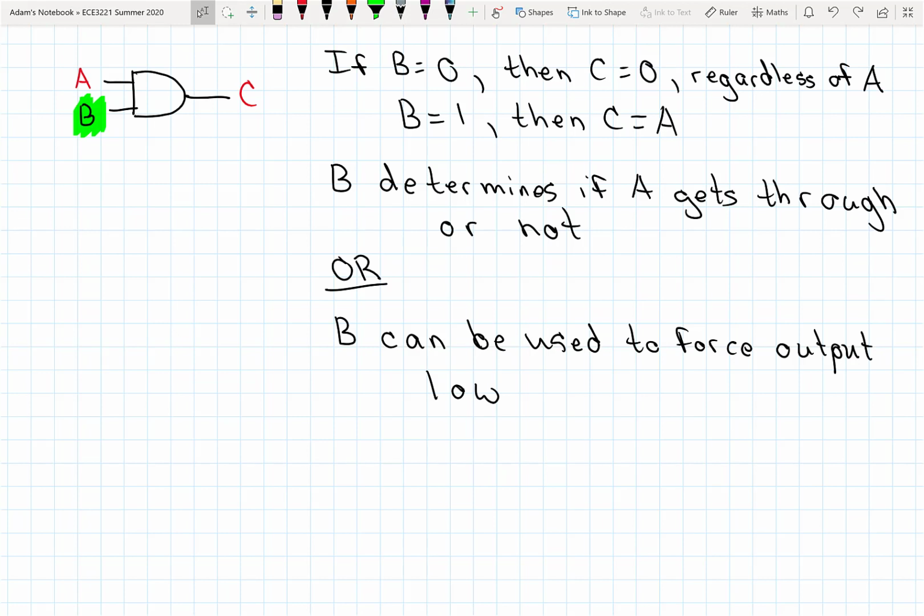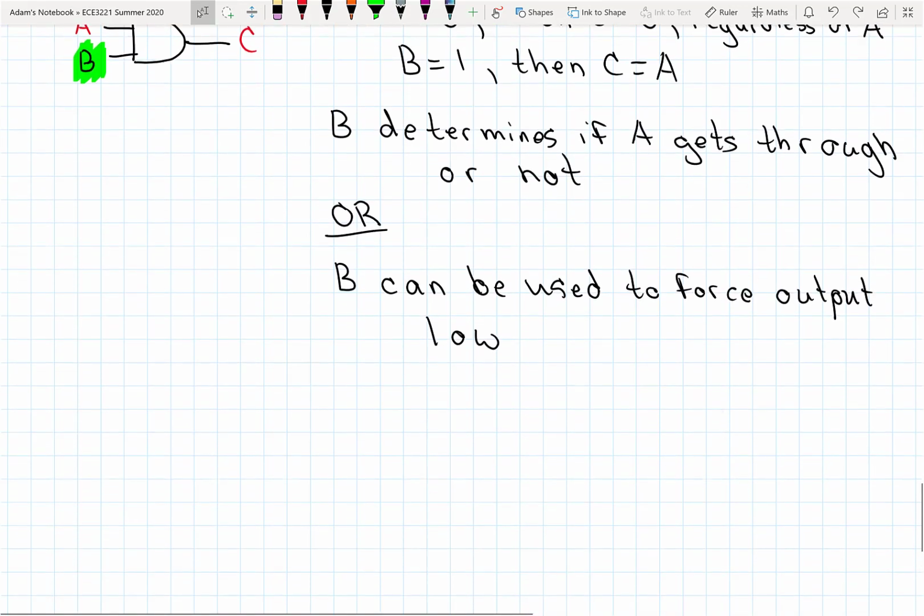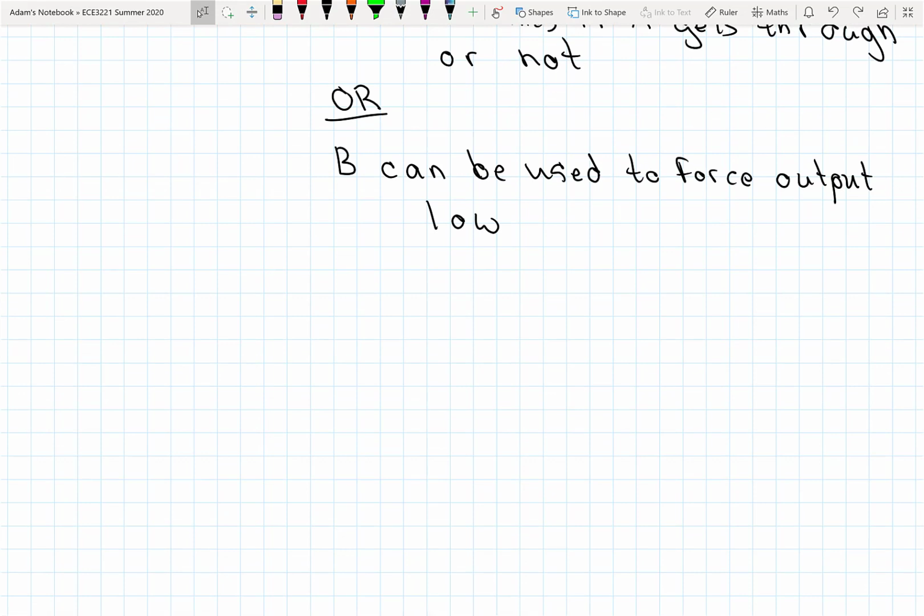If that signal is tied to A, B could be used to determine whether it gets through and connected to C. Okay, so really we haven't looked at anything new, but just maybe changed our perspective on the use of an AND gate. So let's think about an OR gate kind of in the same kind of way.